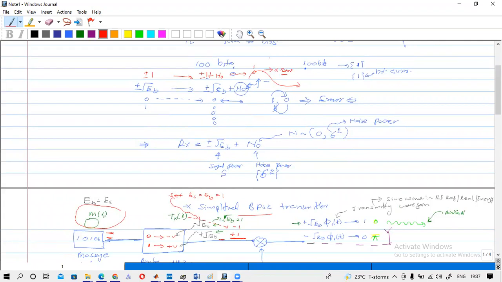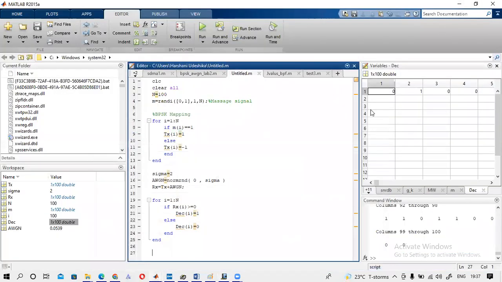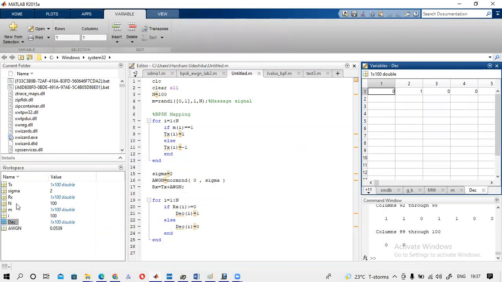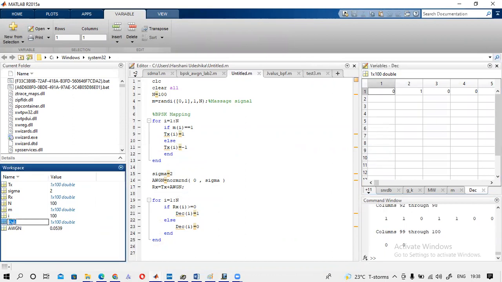Now how to see whether there is an error or not, what should we do? This is my detected bit, and this will be my transmitted bit, so I can directly compare it with the message signal. This message signal I have transmitted, and we have detected the decoded signal, DEC, and this M is my message signal.